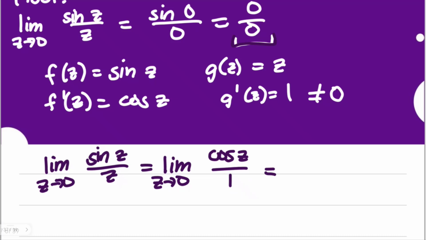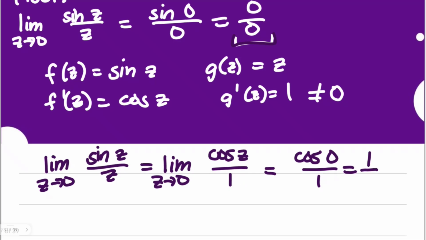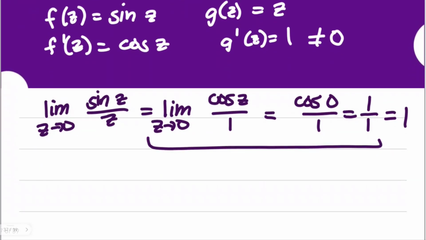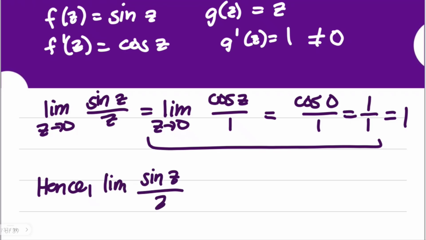This is equal to cosine 0 over 1, and cosine 0 is 1, so 1 over 1 gives us 1. Hence, according to L'Hopital's rule, the limit of sine z over z as z approaches 0 is obviously equal to 1.